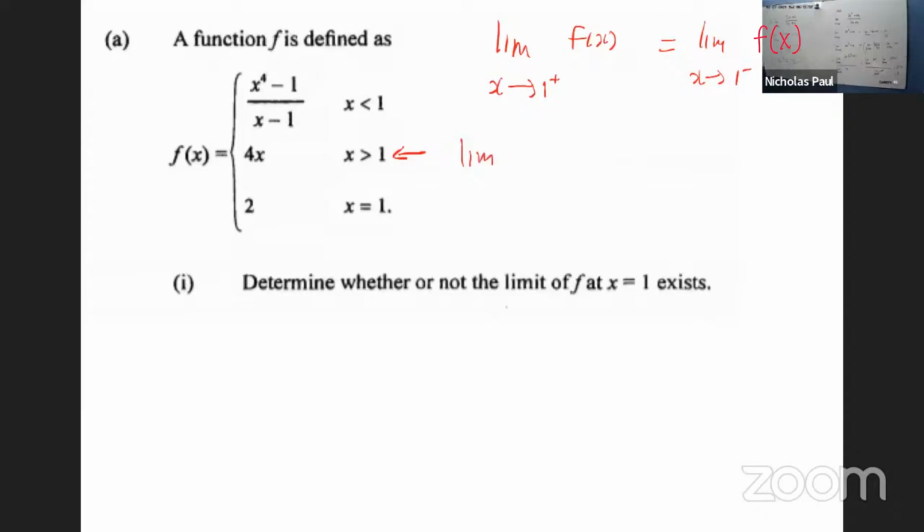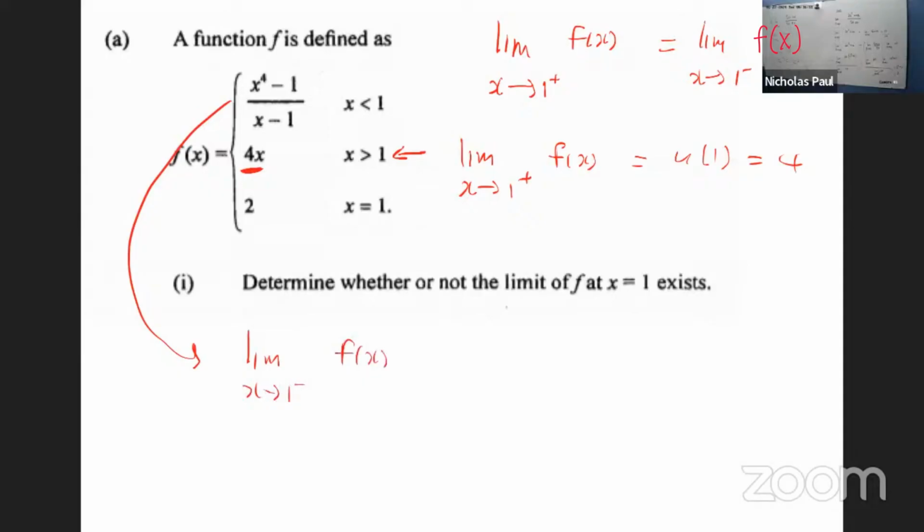The limit as x approaches 1 from the right, we're using this function here. You just put in 4 by 1 and you get 4. Now, as it approaches from the left, the limit as x approaches 1 from the left, we have to use x to the 4th minus 1 over x minus 1. So we had to check and see if we could factorize, or check and see if we could divide by the highest form.